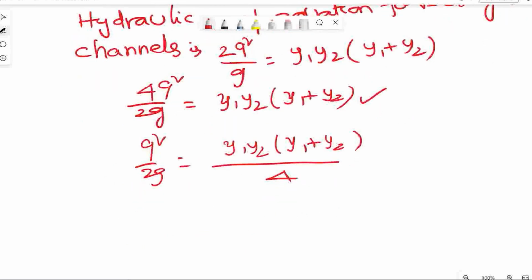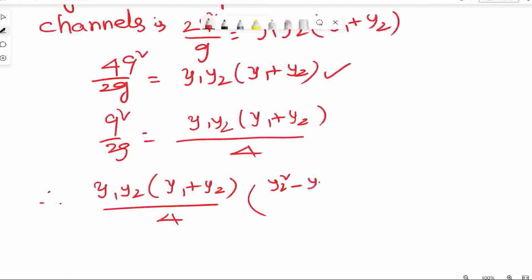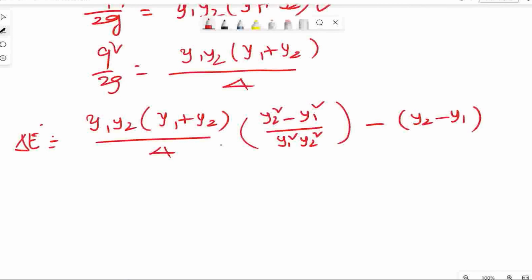Now replacing that, instead of q square by 2g, I write y1 y2 into y1 plus y2 by 4, into y2 squared minus y1 squared by y1 square y2 square, minus y2 minus y1. This is all equal to delta E. Only thing is that I replaced q squared by 2g, so everything is now in terms of y1, y2. Let us see one after the other.